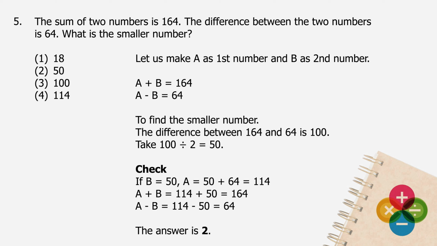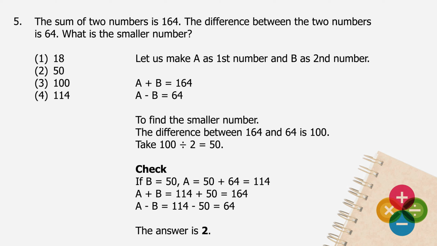The equations will be A plus B is equal to 164, and A minus B is equal to 64. To find the smaller number, the difference between 164 and 64 is 100. Divide 100 by 2, and the quotient is 50. The smaller number will be 50.